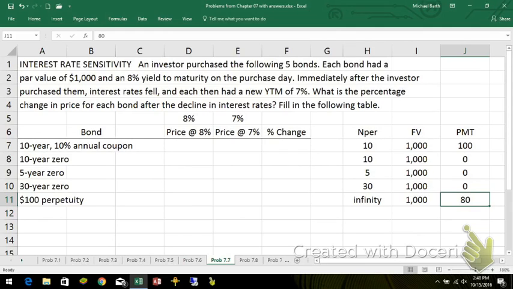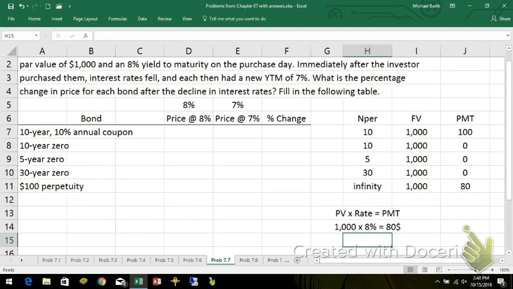If you remember the perpetuity, present value times rate equals PMT. So if the par value was $1,000 and it was yielding 8% on the day he bought it, then it means that the payment was $80 a year.